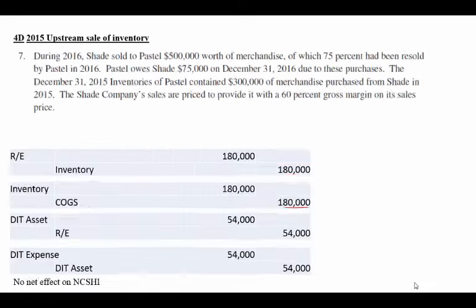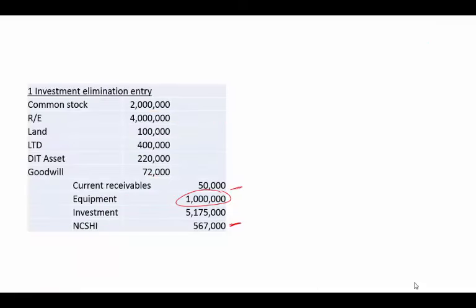So let's go back to our very first elimination entry. This also provides us with a little bit of a logic check to make sure that our entries make sense, that they're having the impact on net income and retained earnings that we're expecting. So in our investment elimination entry, we have no accounts that impact net income. So I'm looking for income statement accounts, revenue and expense accounts.